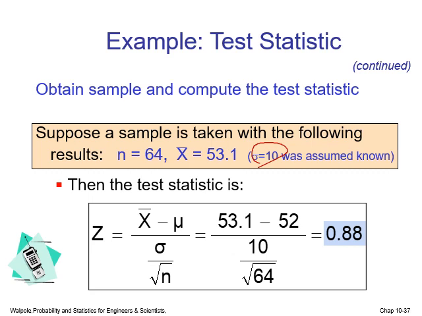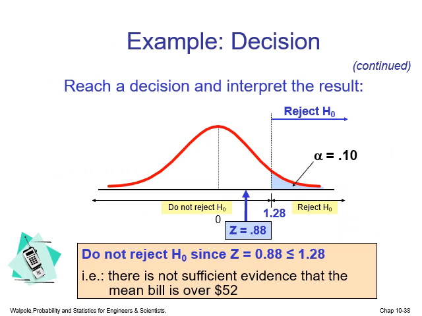So the test statistic is 0.88, and based on this, we reach a decision and interpret the result: the z value equals 0.88, which is lower than 1.28, so we cannot reject the H0. There is no sufficient evidence that the mean bill is over $52.